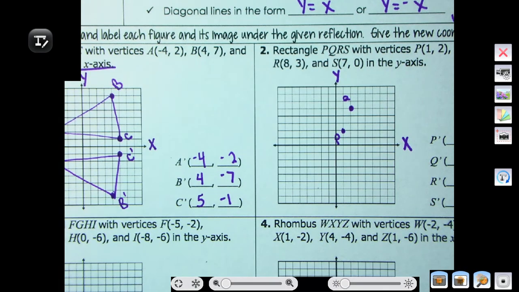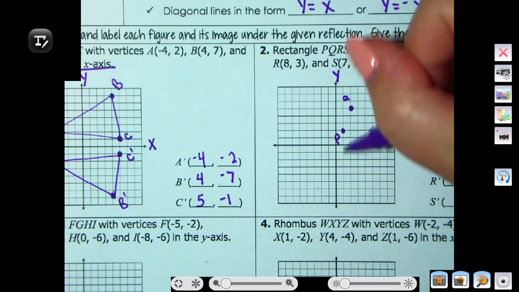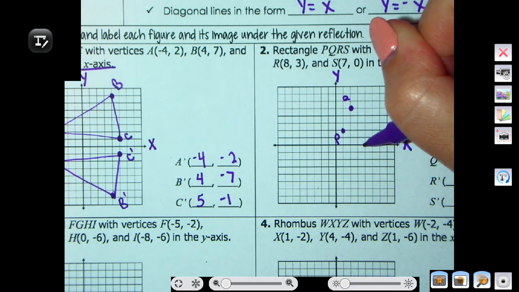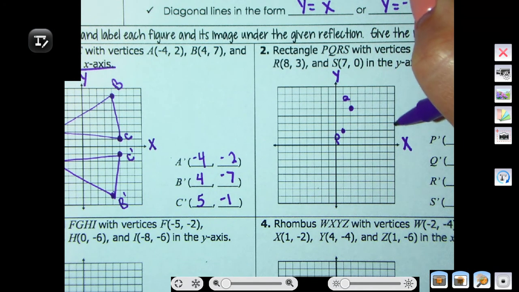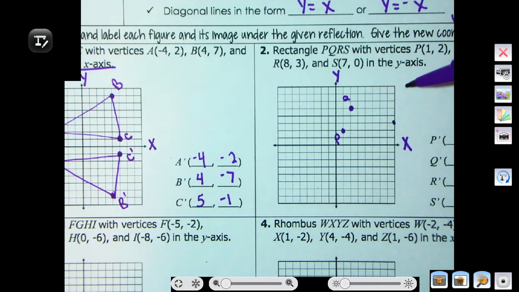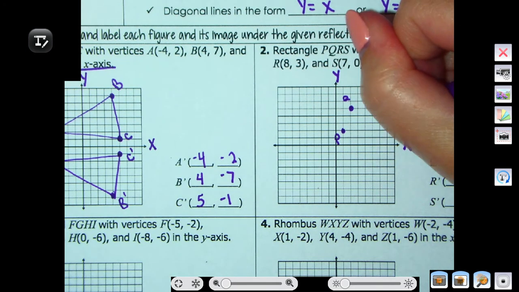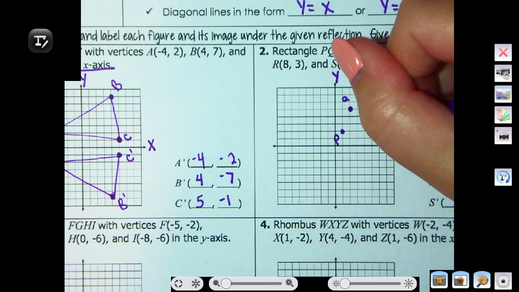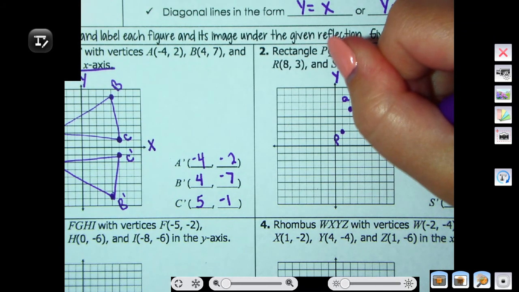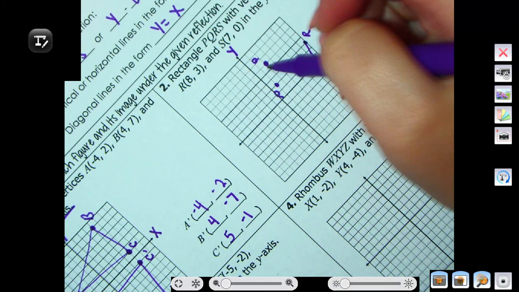Then I have R, which is at 8, 3. And then I have S, which is at 7, 0. And so this is my rectangle.